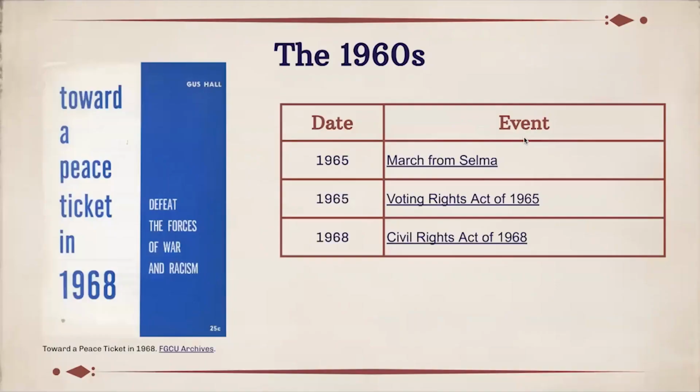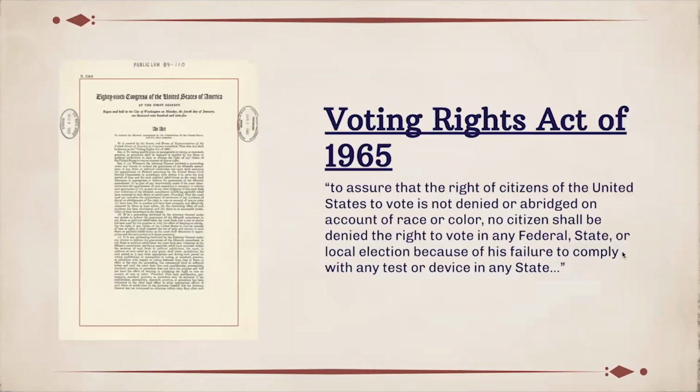And so next we have the Voting Rights Act of 1965. This is prompted by the fact that the March from Selma is televised, and after that, President Johnson presents the bill that would ultimately become the Voting Rights Act of 1965.